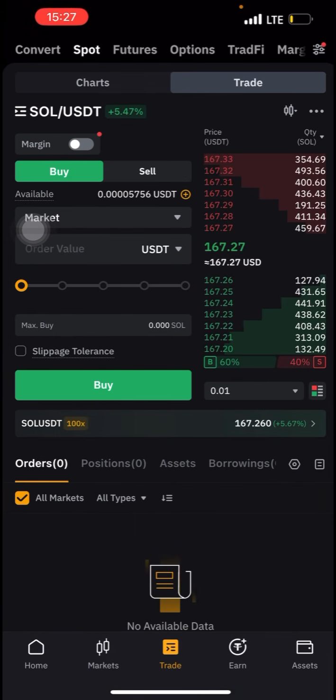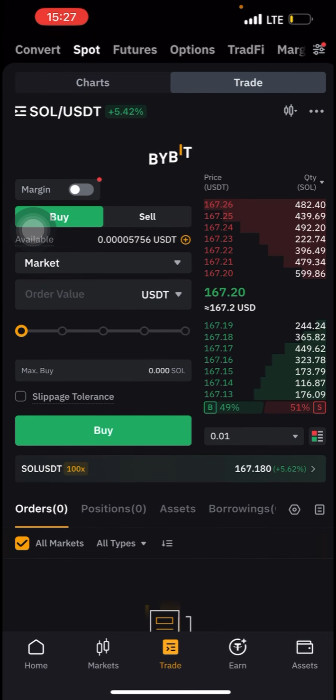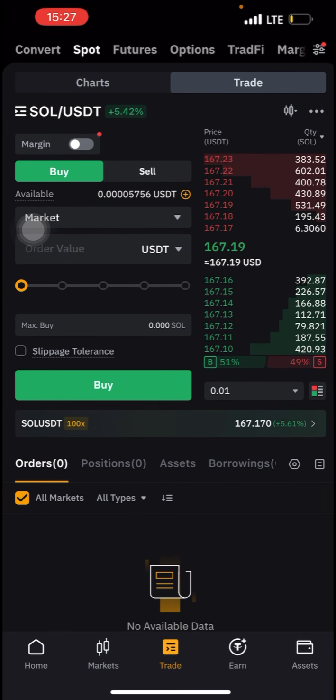But if it's on the black market platform, put it on market order or limit order. But at times, the market order goes faster than the limit order. So this is how you do your arbitrage trading.